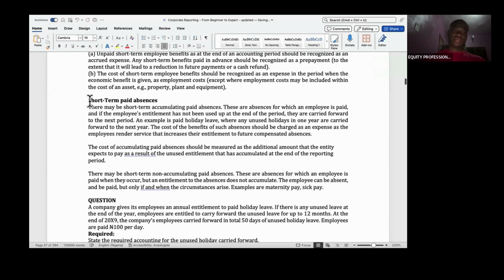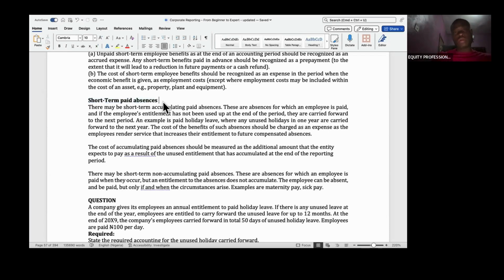However, under short-term benefits, there are some payments called short-term paid absences. Paid absences. That is, we are paying our staff even though they did not work.